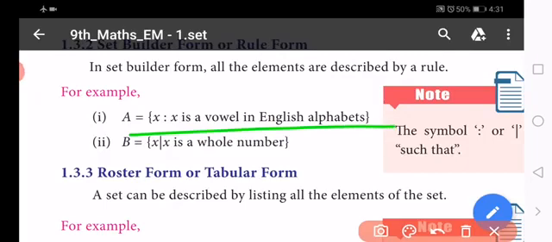In this form of representation of a set, the element of the set is described by using a symbol x, or any other variable, followed by the colon symbol.